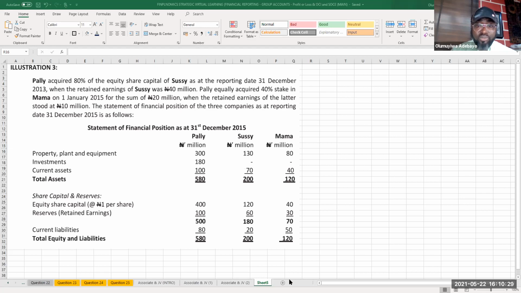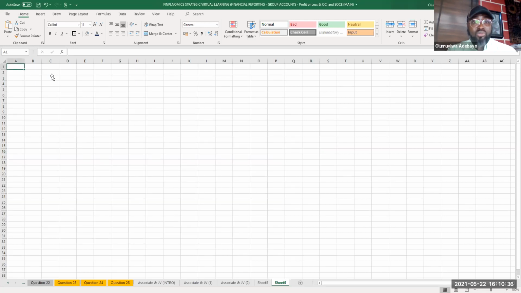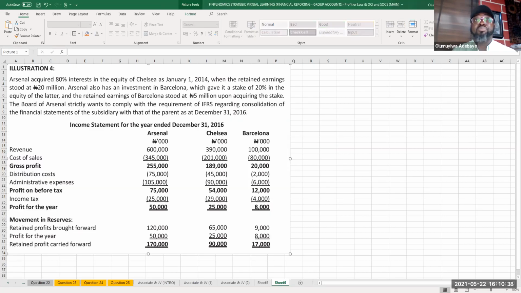The second question will be this, which is the aspect of profit or loss.